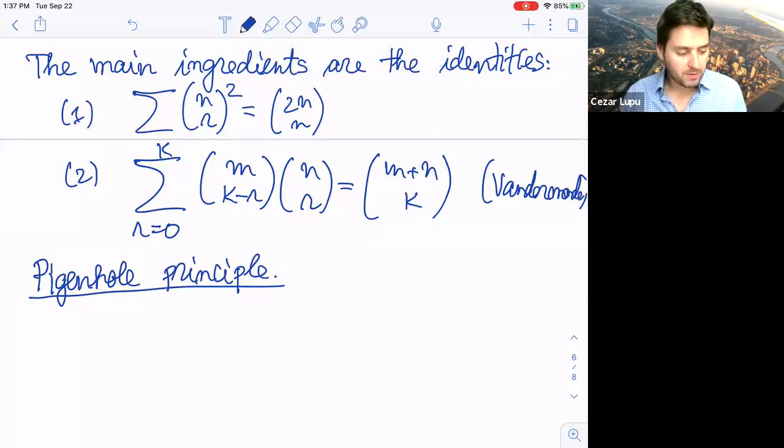Now let's talk about the pigeonhole principle. This is nothing else than just a basic observation, but anyway, I'm going to write it in a fancy way. It says the following.